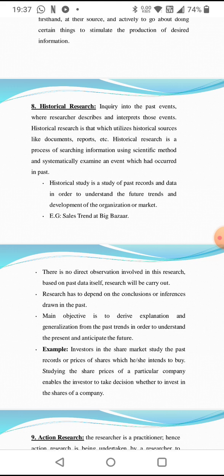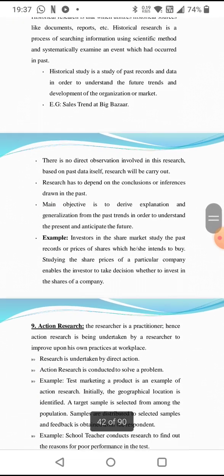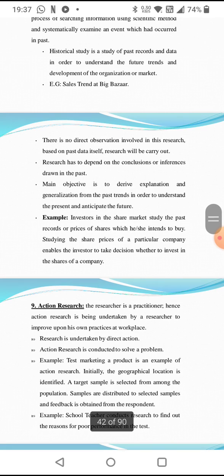For example, historical study is a study of past records and data in order to understand the future trends and development of the organization or the market. There is no direct observation involved in this research. Based on past data itself, research will be carried out. Research has to depend on the conclusions or inferences drawn in the past.